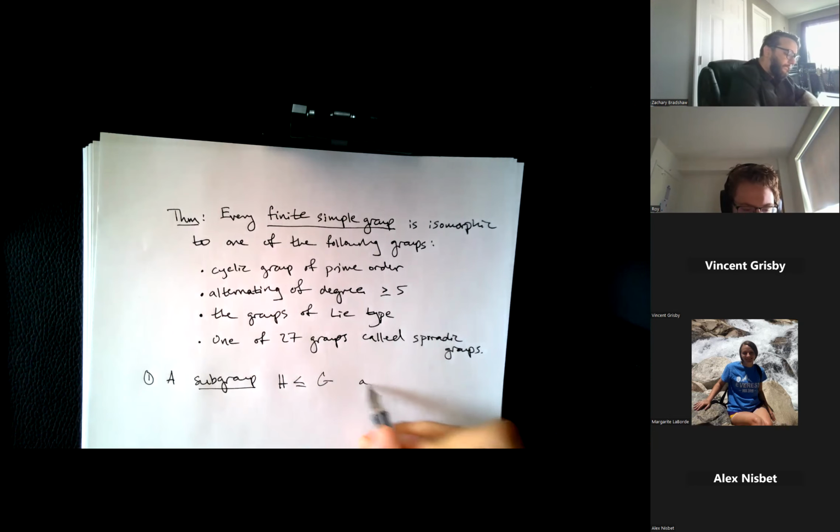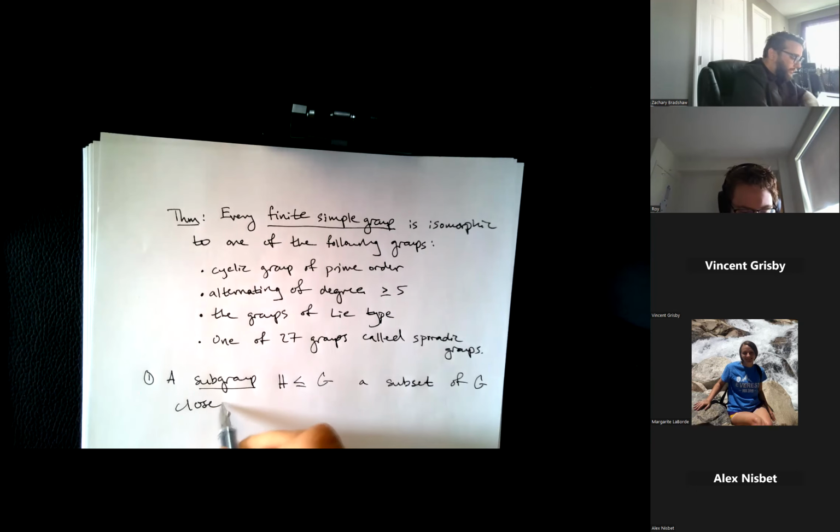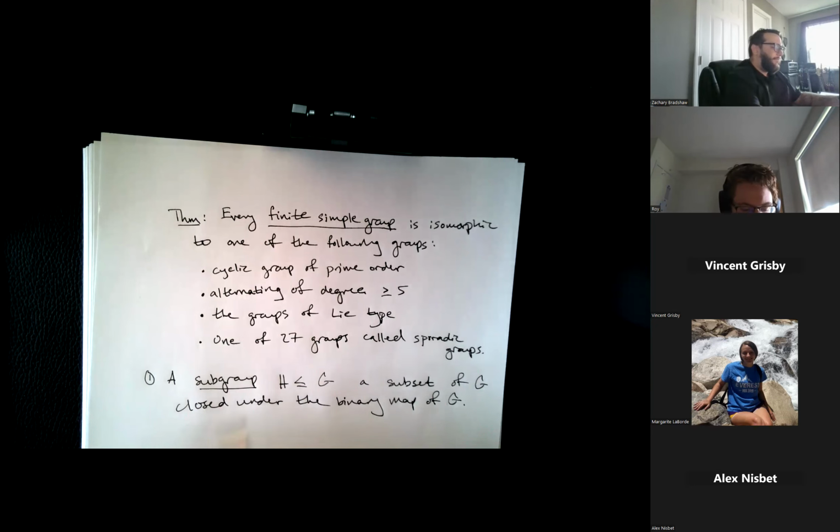A subgroup H is a subset of another group G which is closed under the binary map of G. So if it's a subset of the group G and it's also closed under that map, that means that if we take two elements of H and we multiply them or apply this binary map to them, then the answer is still in H, right?